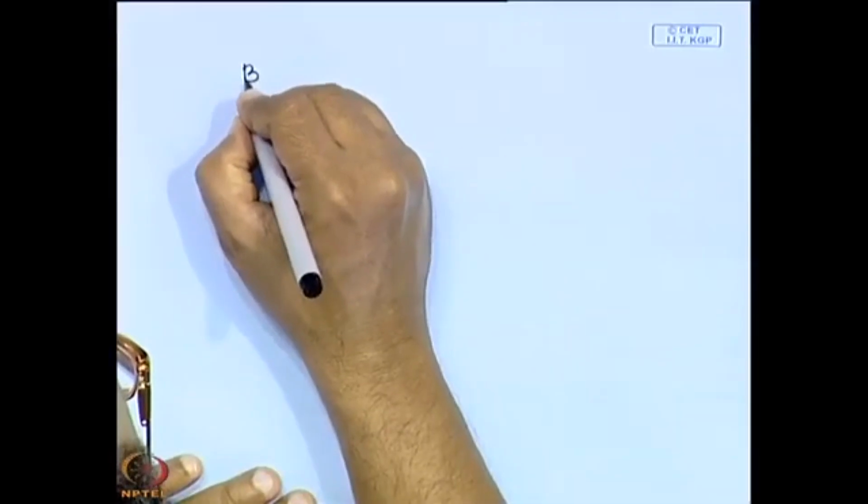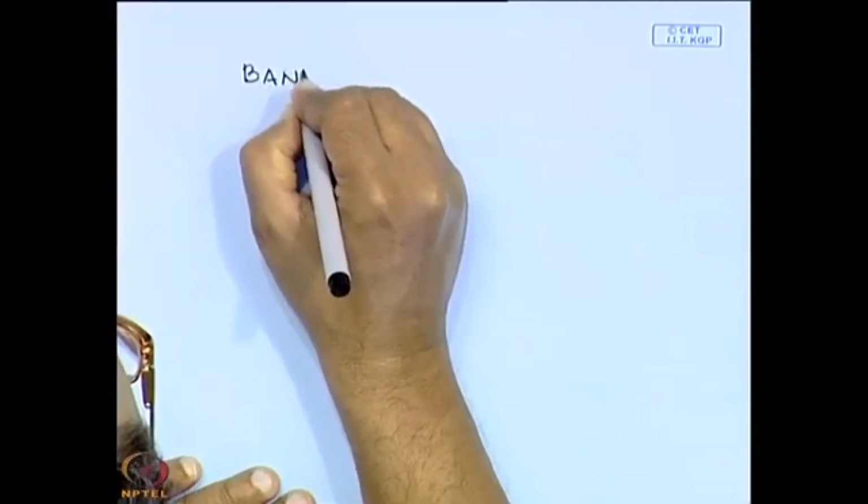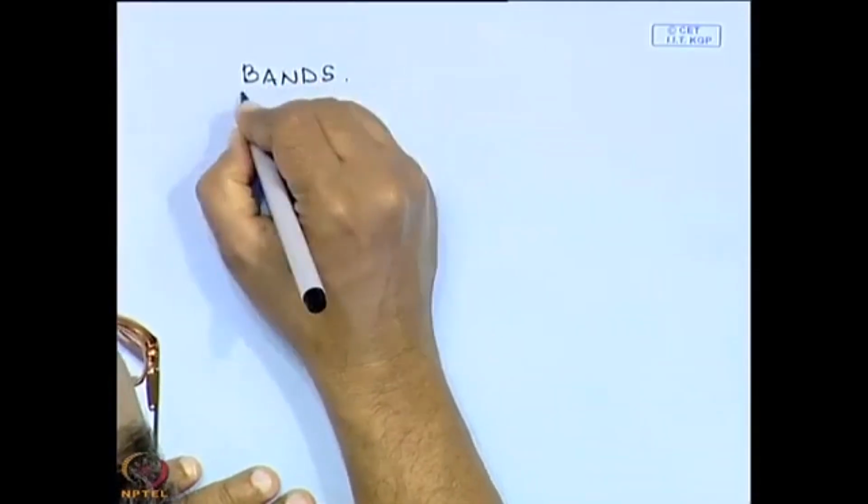Okay. Now, these magnitudes are measured in different bands. So, apparent magnitudes are measured in different bands.